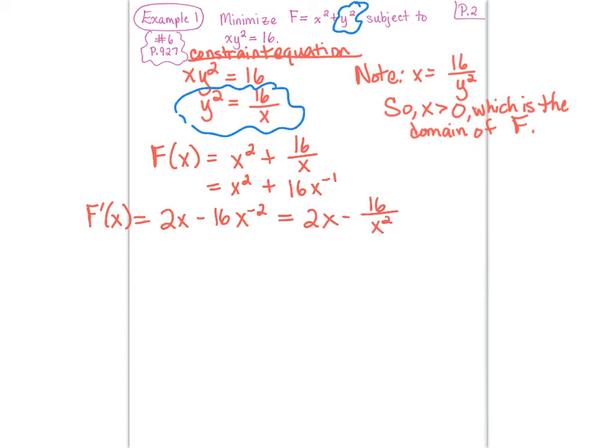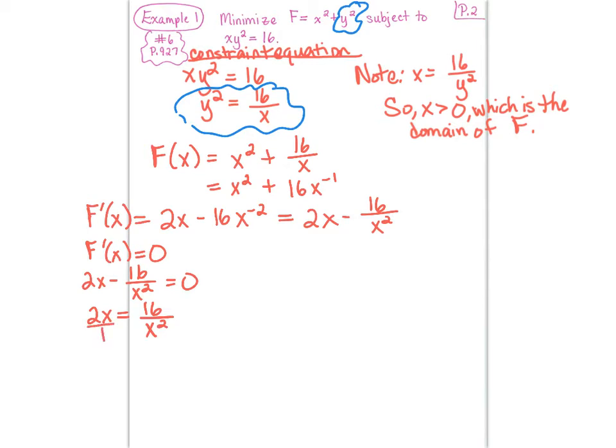Now, we're minimizing, so we found our derivative, and now we find our critical points. So f prime of x equals 0. When does it equal 0? That means 2x minus 16 over x squared is equal to 0, or 2x is equal to 16 over x squared. Then you can cross multiply.